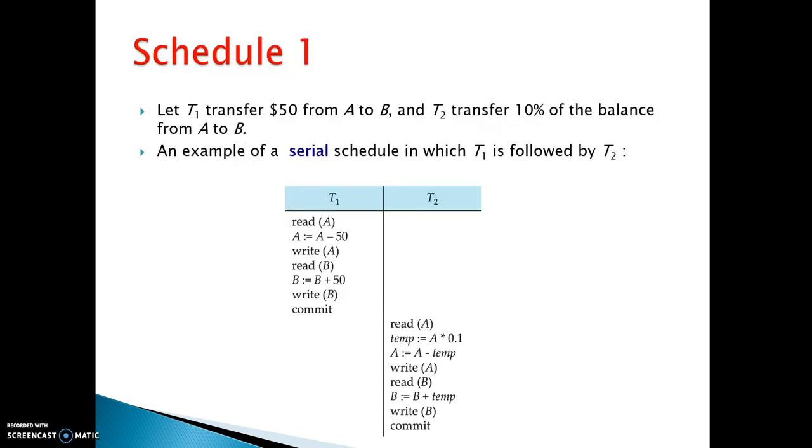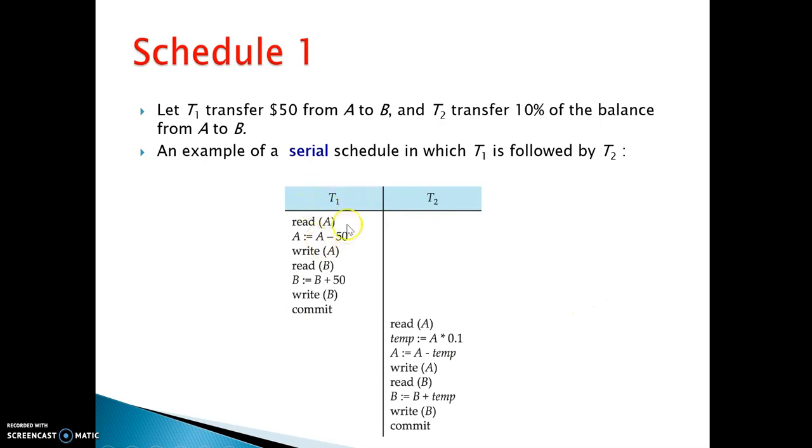Let us see how the scheduling happens, using the same example from the earlier presentation. There are transactions T1 and T2. Let T1 transfer $50 from A to B, and transaction T2 transfer 10% of the balance from A to B. Look at this schedule, an example where transactions 1 and 2 are executed serially.